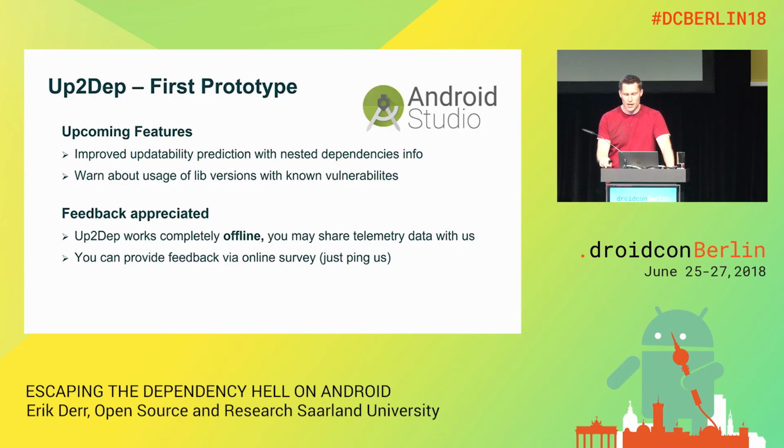Everything is completely offline. It indeed does collect some telemetry data about how you used the plugin, whether our prediction was right or not, but you are the only person that can view the log. If you want to share it with us, you have to dump it to disk and send us an email with the log as an attachment.